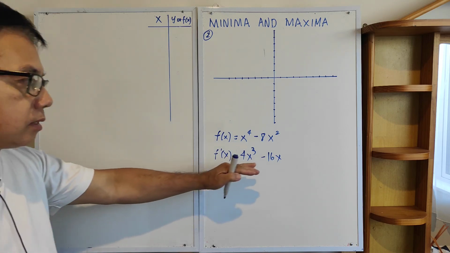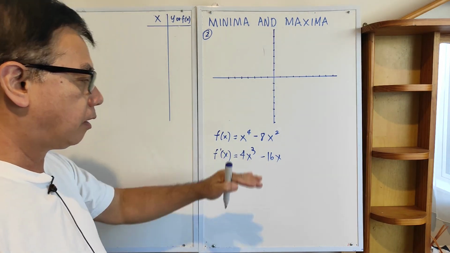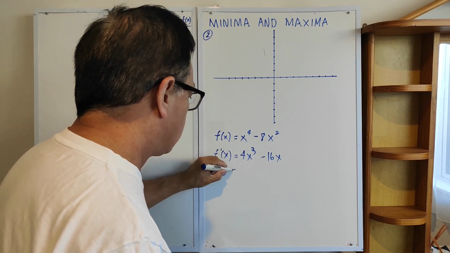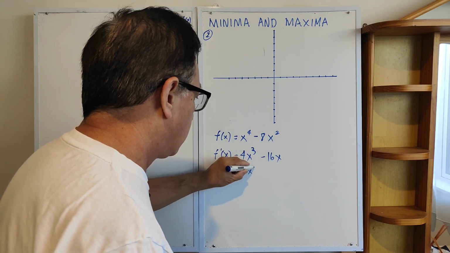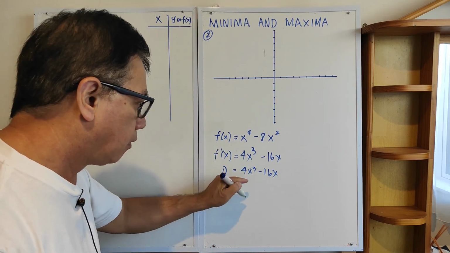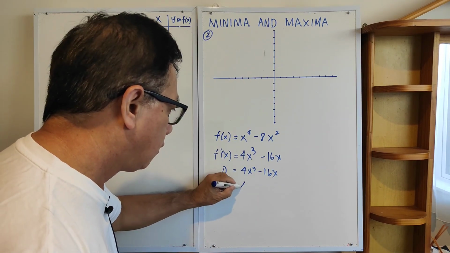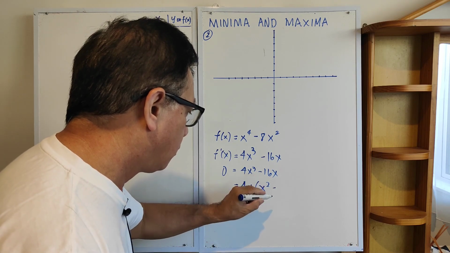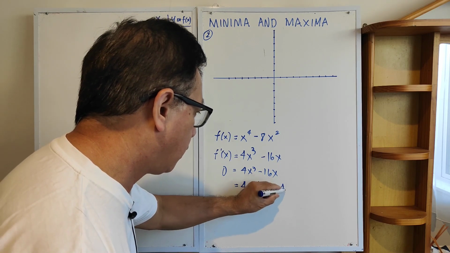Then we equate this to 0 so that we will know the value of x where the slope is 0. So 4x cubed minus 16x equals 0. We can factor out 4x. So what is left is x squared minus 4.